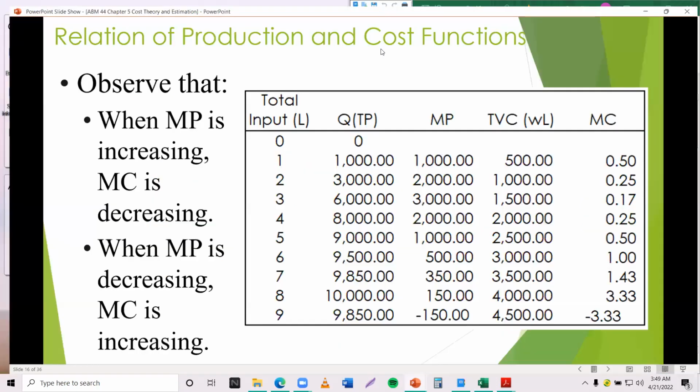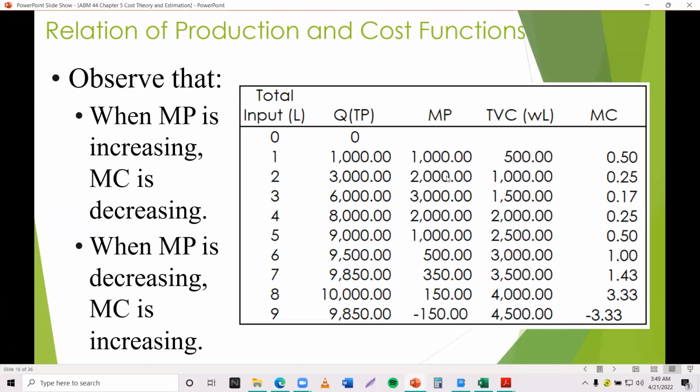At an MP of 1,000, our MC is small, 0.50. So the higher the value, the lower our MC. They have a negative relationship between production and cost, marginal product and marginal cost: the higher the MP, the lower the MC.